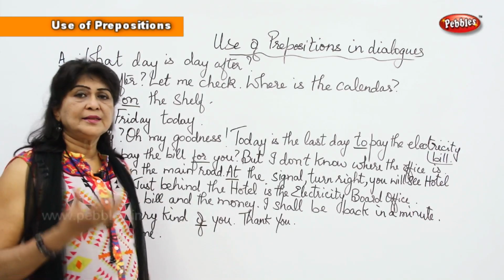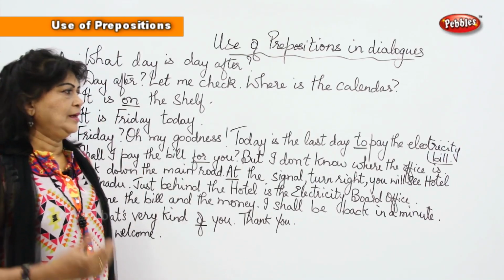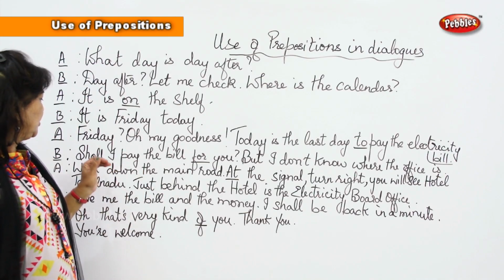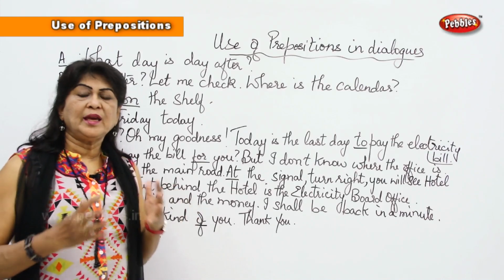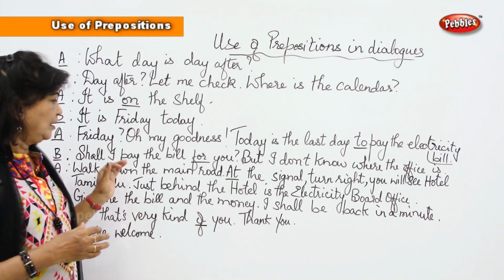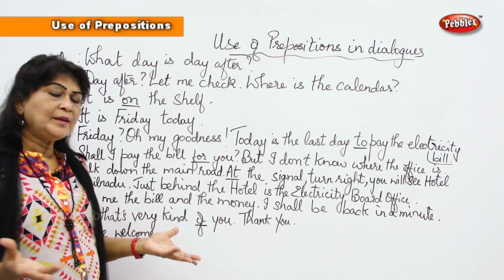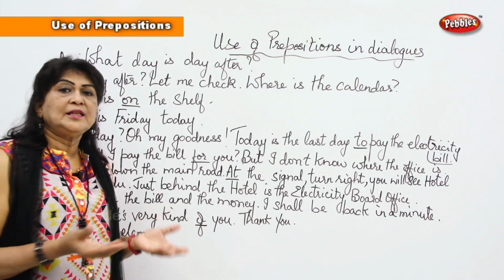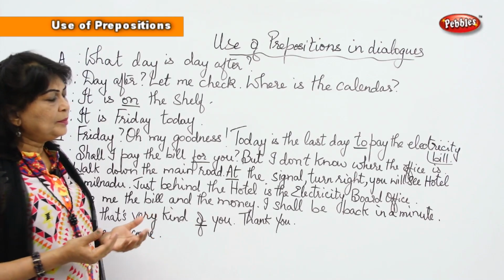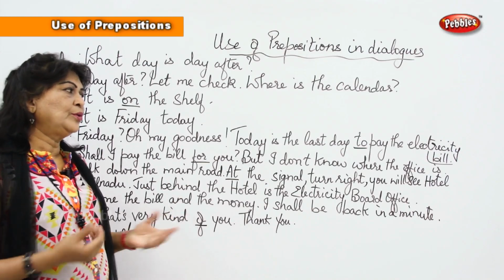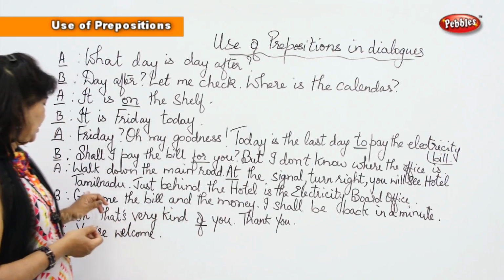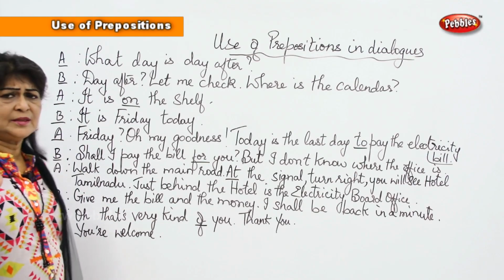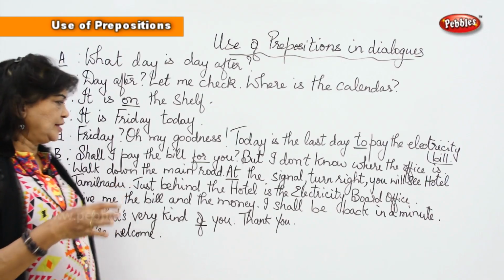Because A is in tension, B offers, shall I go and pay the bill for you, but I do not know where the office is. And A says, do not worry, I will give you the direction.